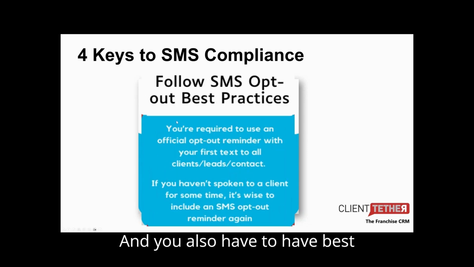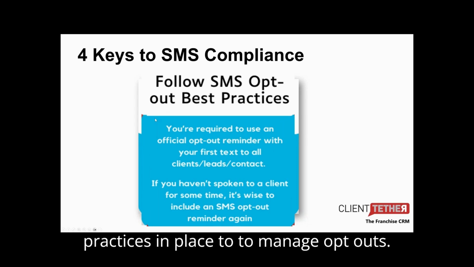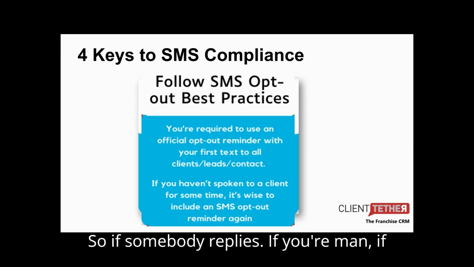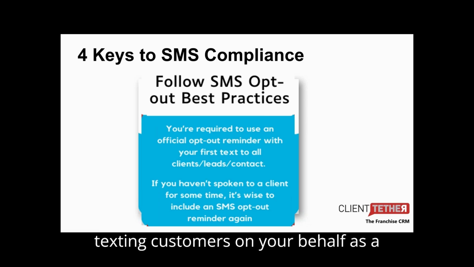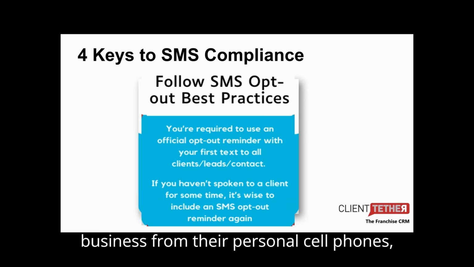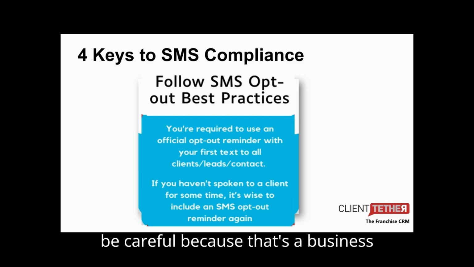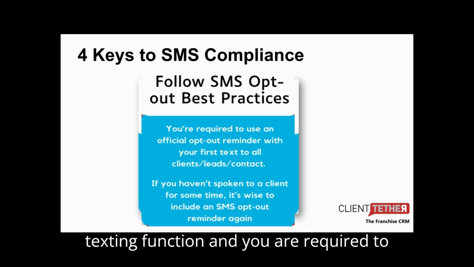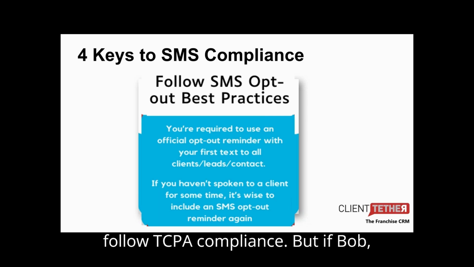And you also have to have best practices in place to manage opt-outs. If you have team members who are manually texting customers on your behalf as a business from their personal cell phones, be careful, because that's a business texting function and you are required to follow TCPA compliance.